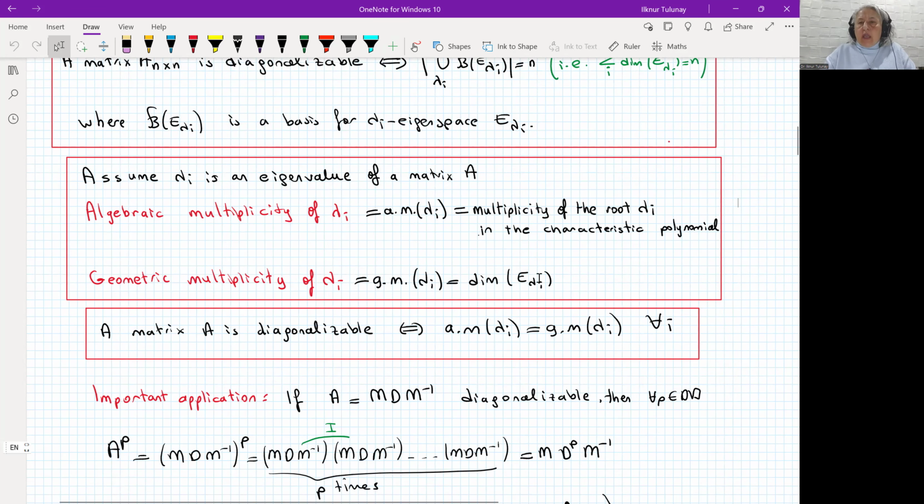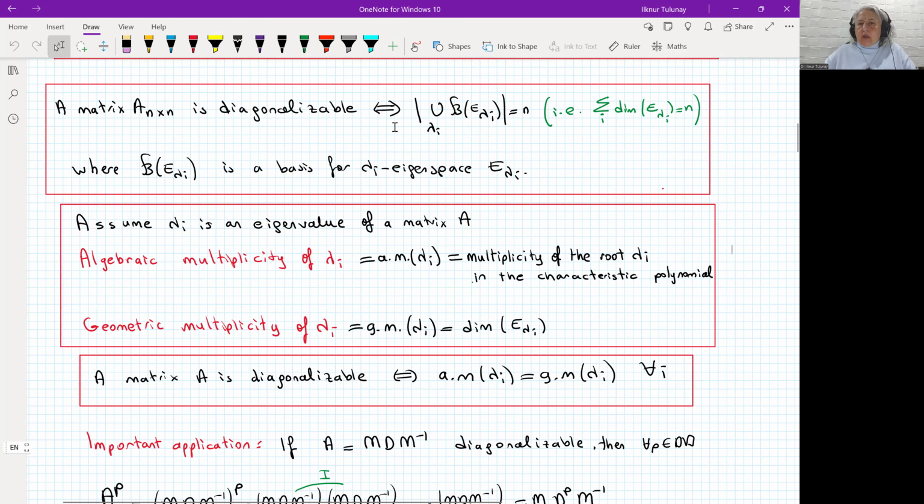This is also equivalent to the previous condition. Think much more simply for a moment: you have a 3x3 matrix and three distinct eigenvalues, and each eigenvalue corresponds to an eigenspace generated by one vector. That means the algebraic and geometric multiplicities are the same, because each of them is 1, 1, 1.